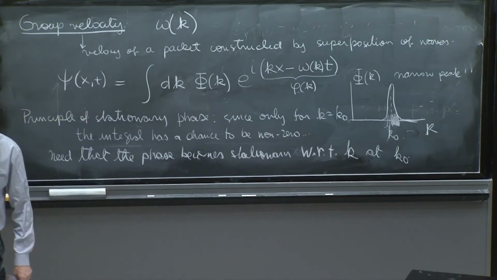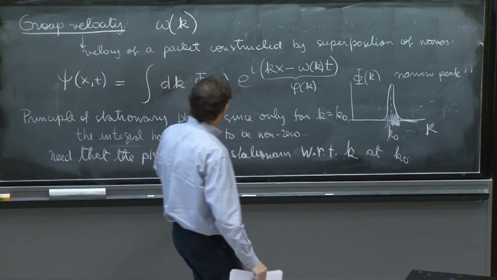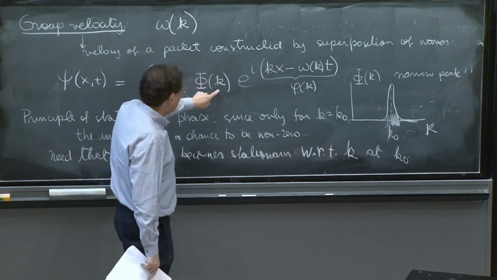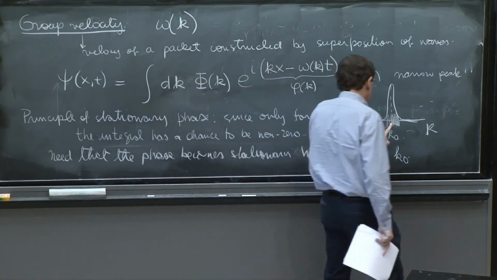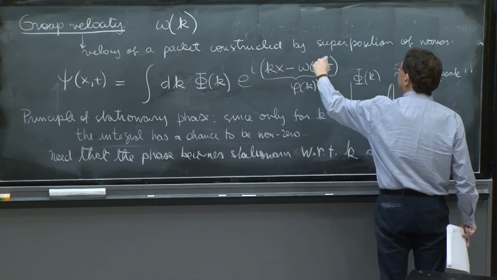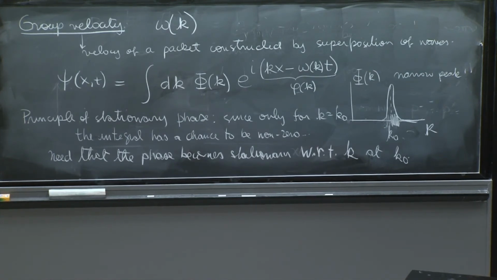So around k naught better be that the phase doesn't change quickly. And the slower it changes, the better for your integral. You may get something. So if you want to figure out where you get the most contribution, you get it for k around k naught, of course, but only if this thing is roughly stationary.